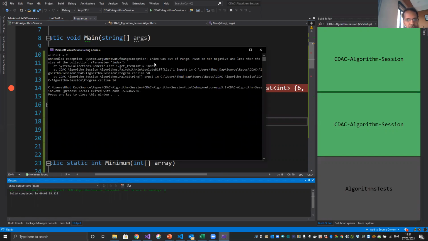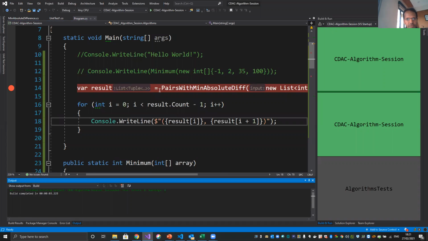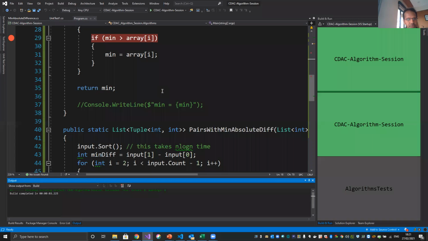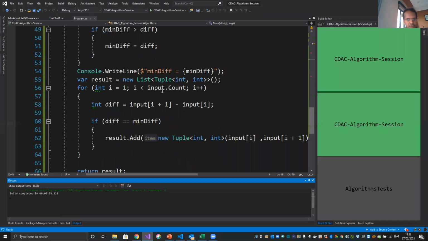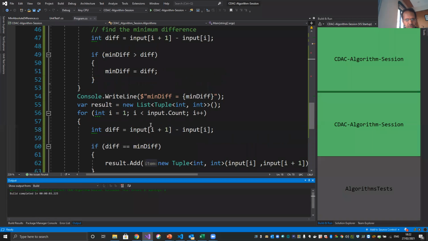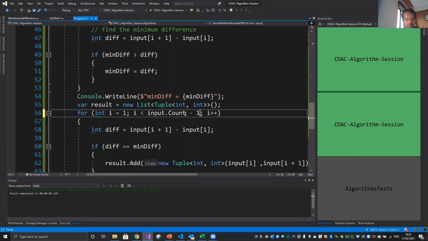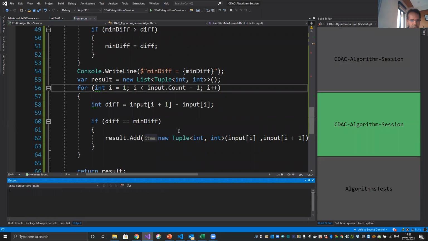Not nice. Where is the index out of range? Must be less than 914. 914. Okay, it was called from there. So we are going from one. Sorry, here. Yeah, because, right. Let's run again.